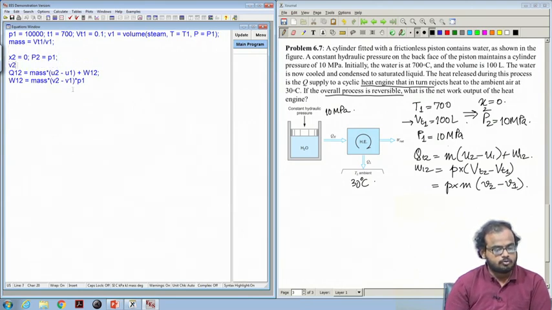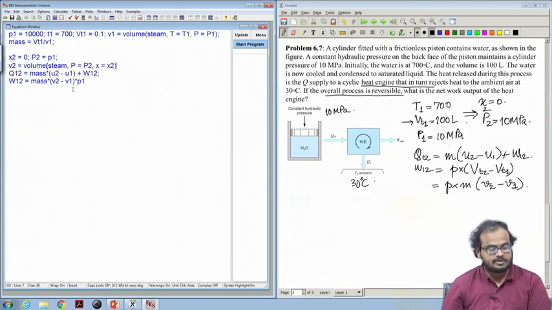So V2 is equal to volume, steam. We can use the pressure at state 2 and the quality to find the specific volume. With this you also need to fetch the internal energies. So U1 equal to int energy, steam, T equal to T1 and P equal to P1.